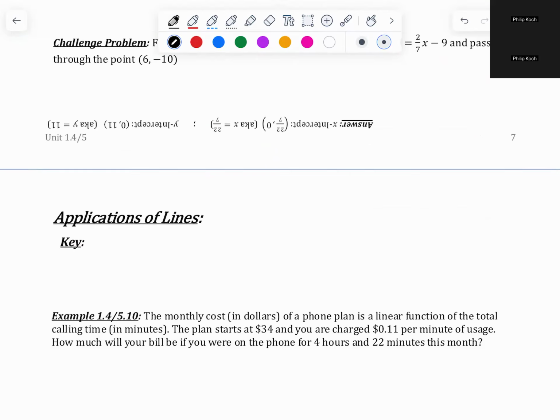Right? So the key thing is to remember that the slope is a rate. That's the first key, and the second key is to define your variables.